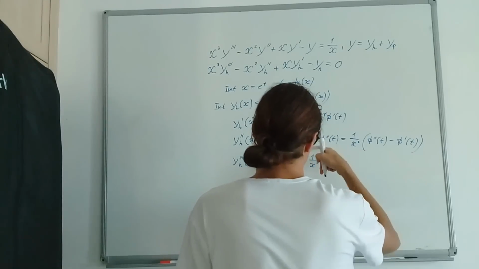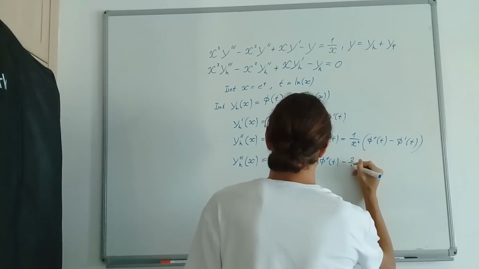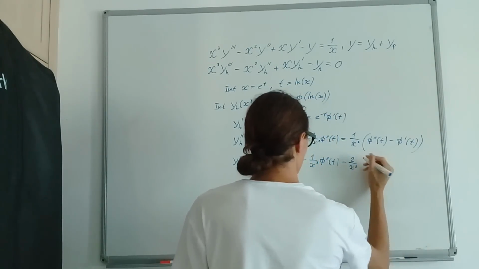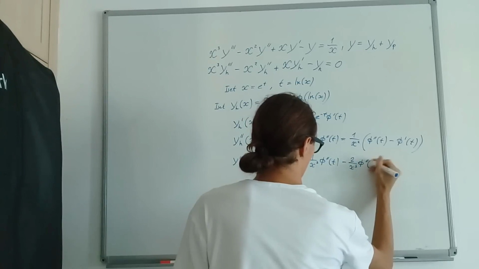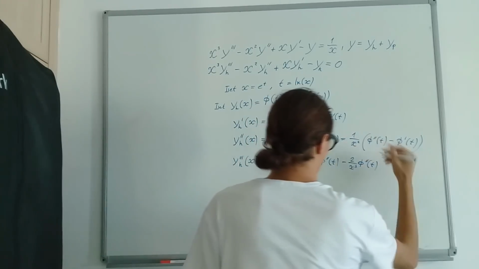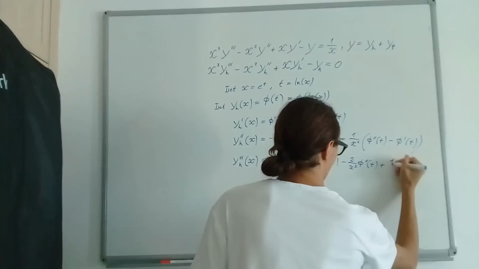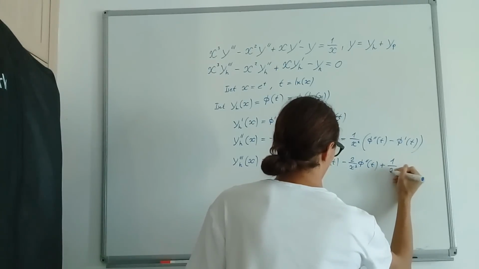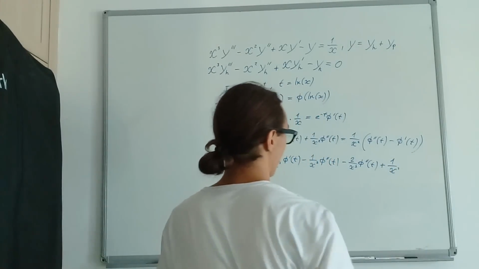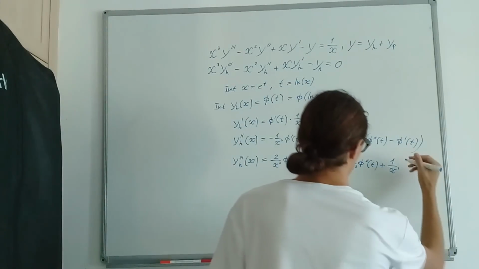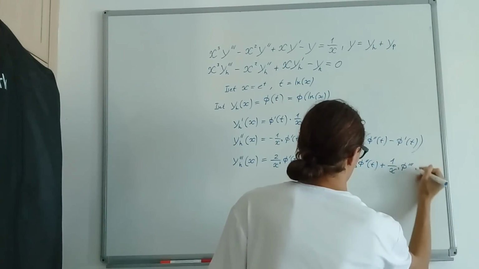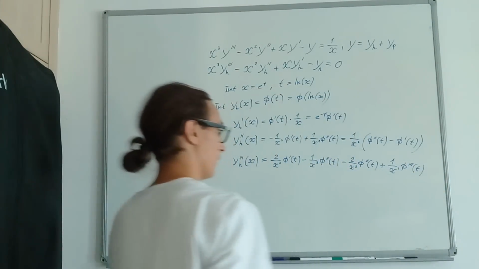Alright, so now differentiating this, that's going to be negative 2 over x cubed phi double prime of t. Now I'm running out of space. We're going to leave that alone. We already know it's going to be x cubed because we're just going to differentiate with respect to t again. Phi triple prime of t.